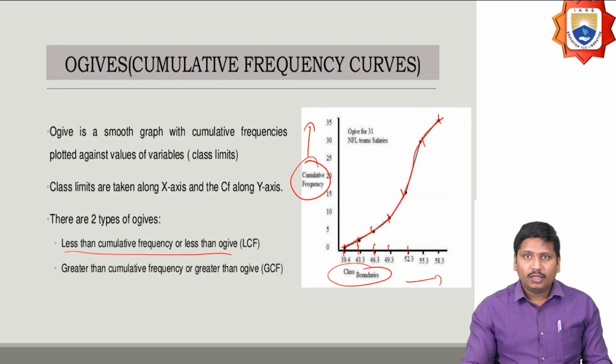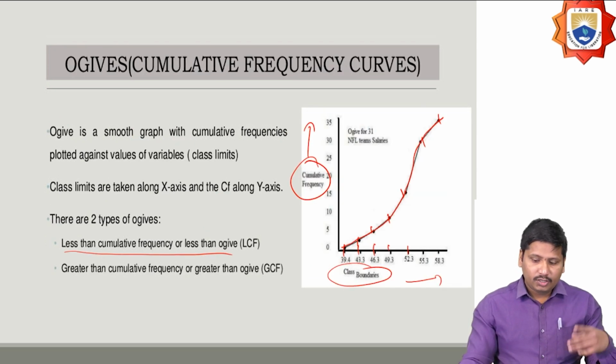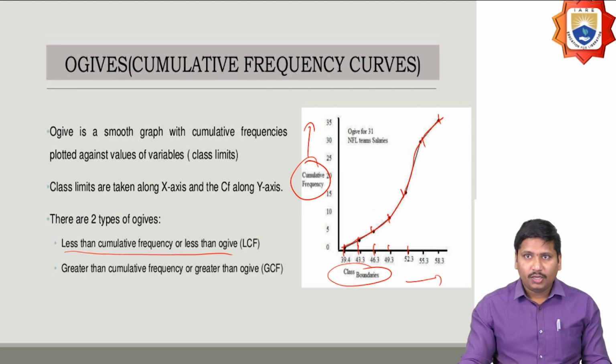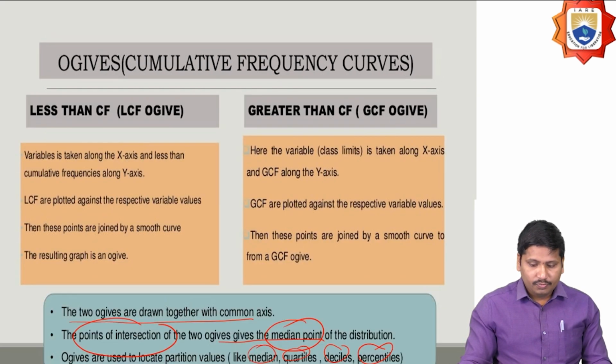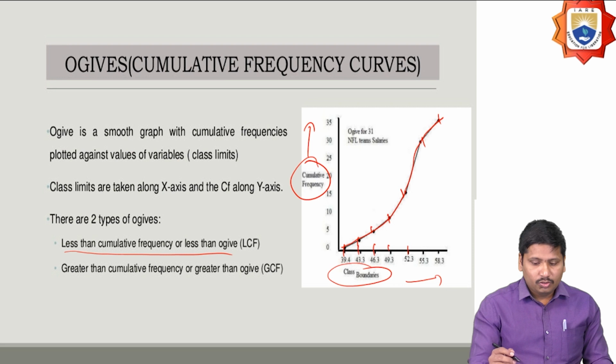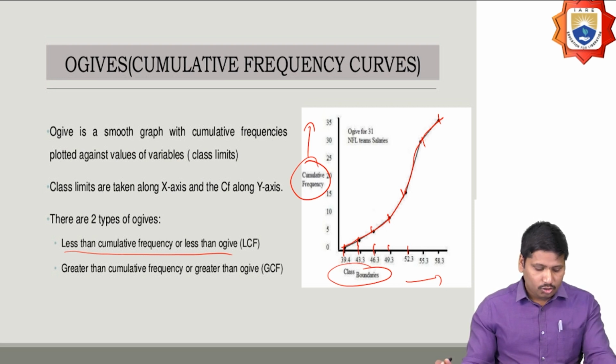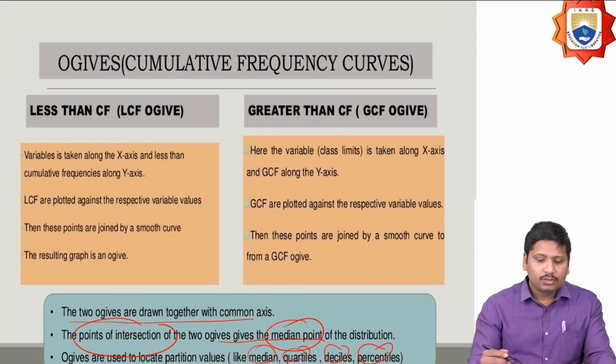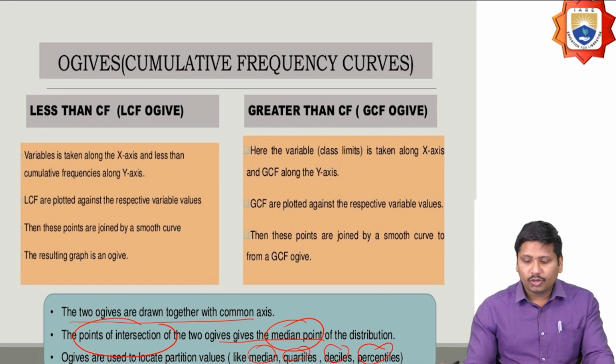The OGIVE is another kind of graph which is constructed from the cumulative frequency curve. There are different types of OGIVEs available, like the less than cumulative frequency OGIVE and the greater than cumulative frequency OGIVE.